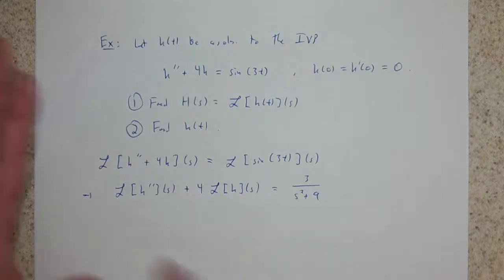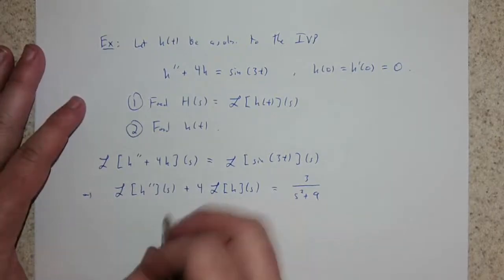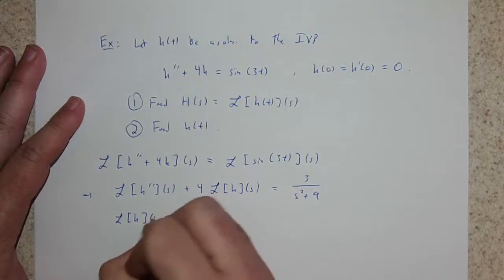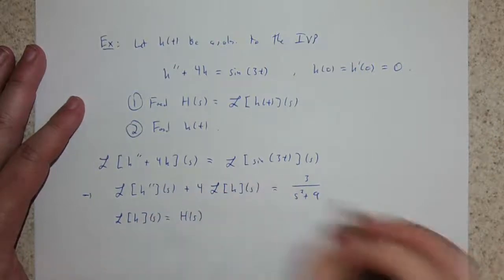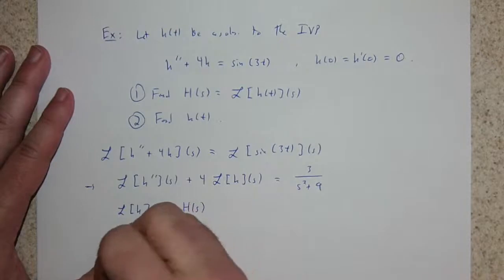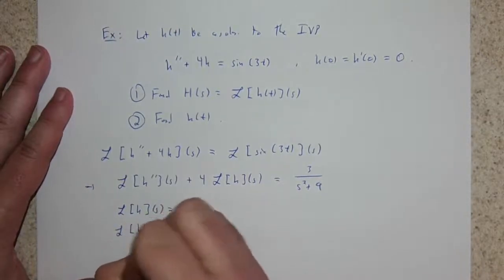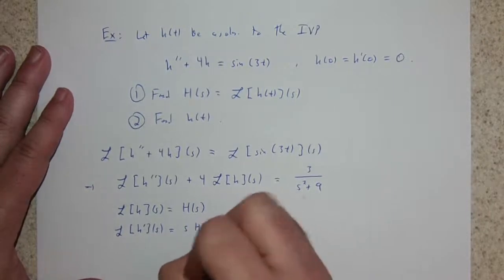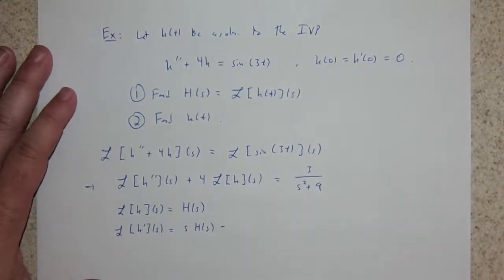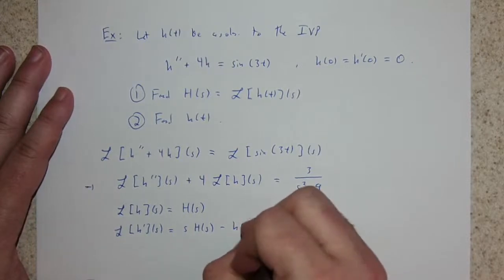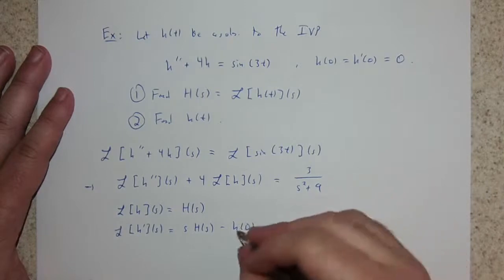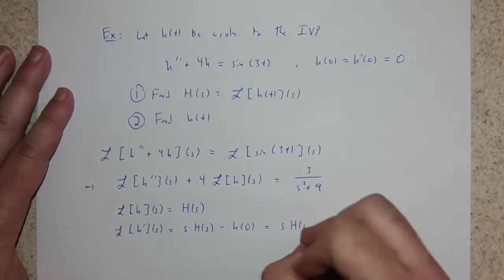So here I use the same fact that I always do. This L of h of s is, of course, big H of s. The Laplace transform of h prime of s is s times big H of s minus h of 0, which in this case, because h of 0 is 0, would just be s times big H of s.